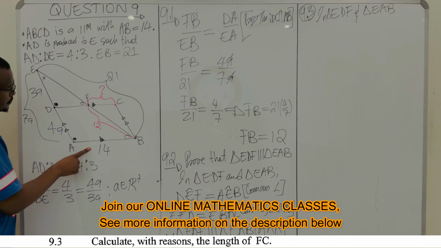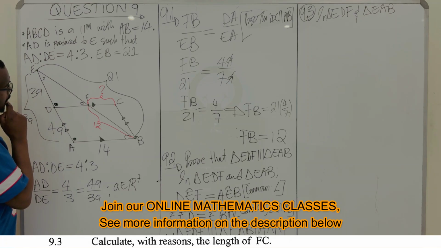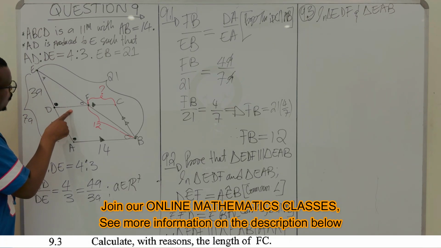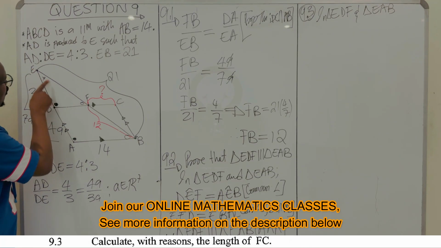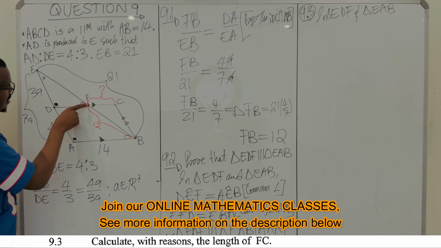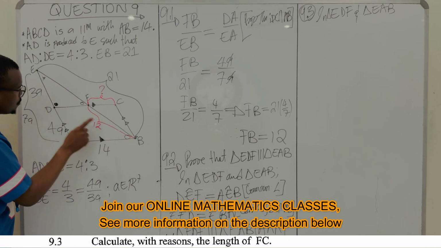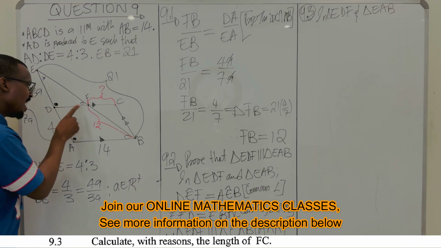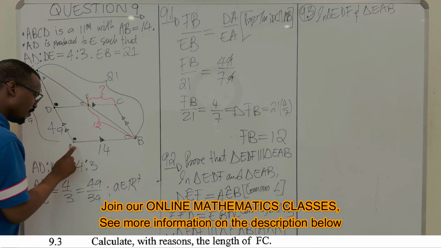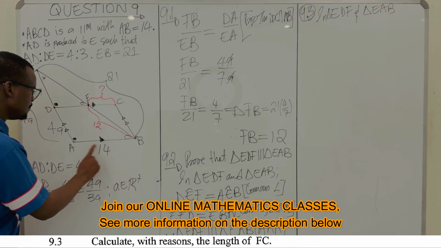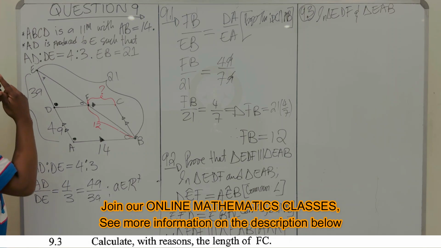So look, since we want this, we can say maybe AF of this small triangle over EB of the bigger triangle should be the same as DF of the smaller triangle over AB of the bigger triangle. Why am I saying this?